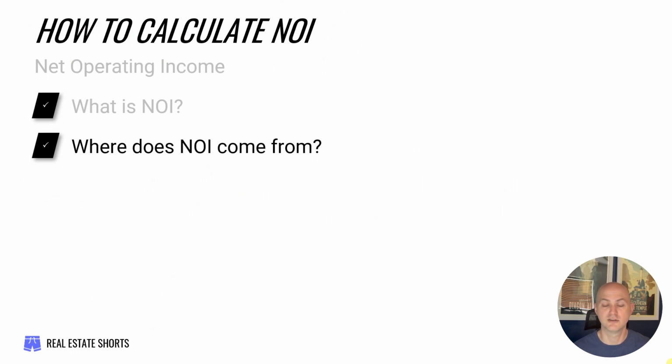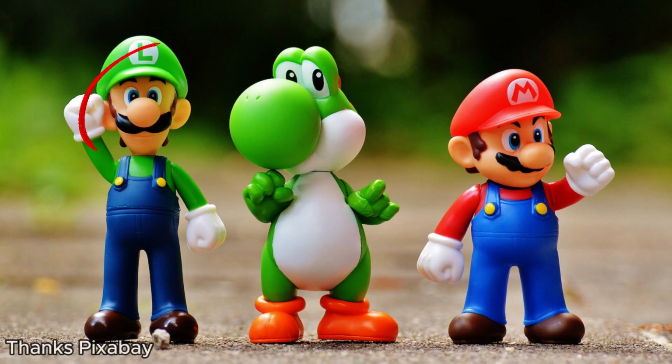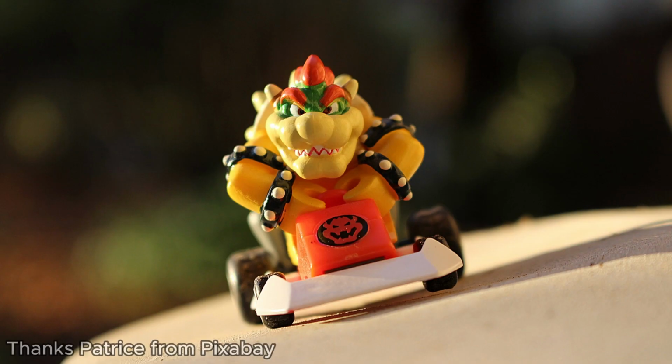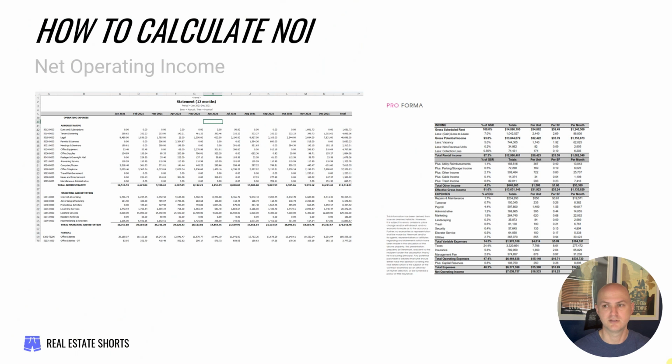Now, this I think leads to the question, right? Like, where do you get NOI from? Who gives it to you? So I think there's really two main sources. There's one, outside sources: property managers, brokers, lenders, appraisers, even the owners, right? They can provide documents or statements or spreadsheets that look something like this.